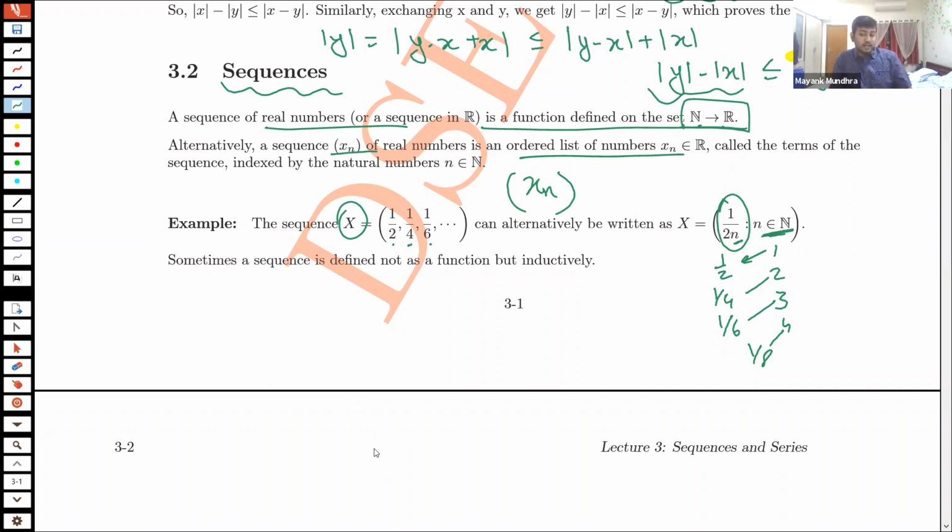Now, why are we studying sequences? Because a lot of things in economics are sequences. For example, inflation. So the inflation rate is essentially a sequence. You look at a sequence and you try to understand where it is headed. What is going to be the inflation after 1 year or 2 years? Or how is it going to affect employment?